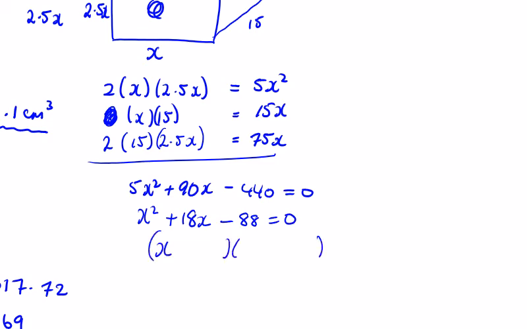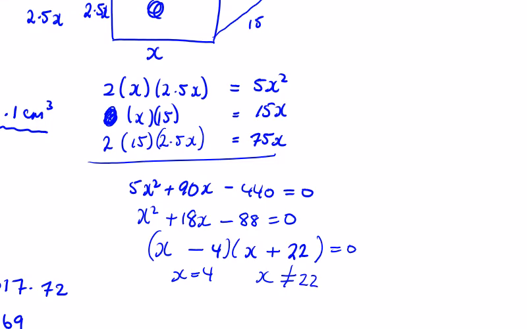And hopefully this factorizes to give us a positive and a negative based on our signs. 22 by 4 gives 88, and I can get plus 18. So there's plus 22 minus 4. So x is equal to 4. x can't be negative, so it can't be equal to 22. So we have x is equal to 4.